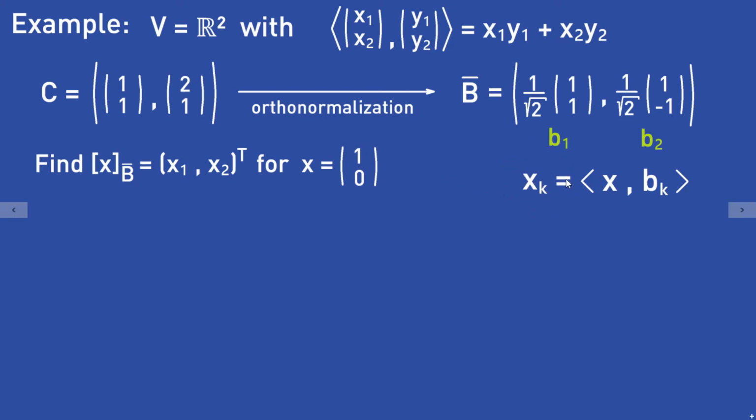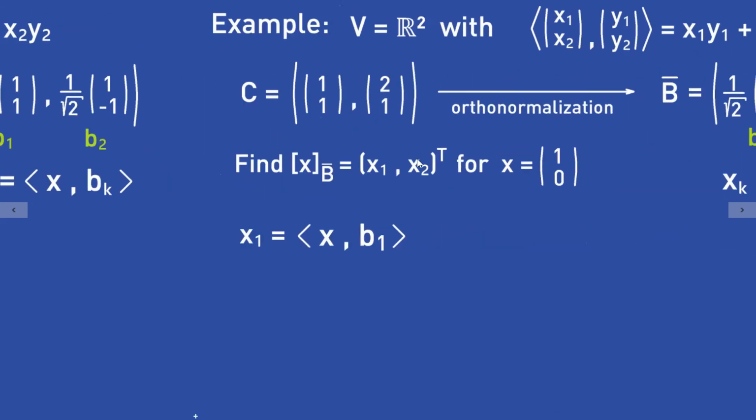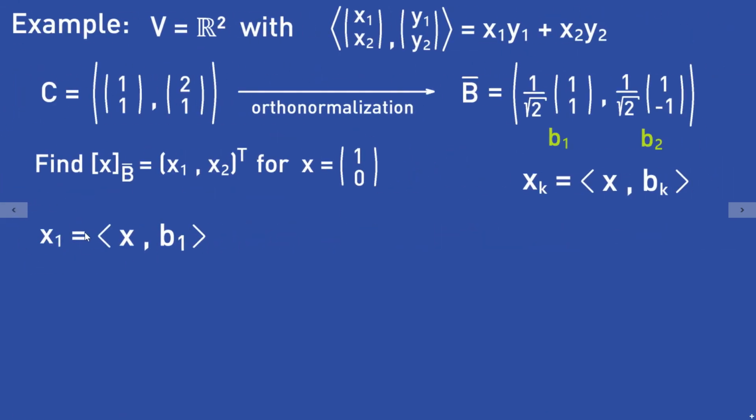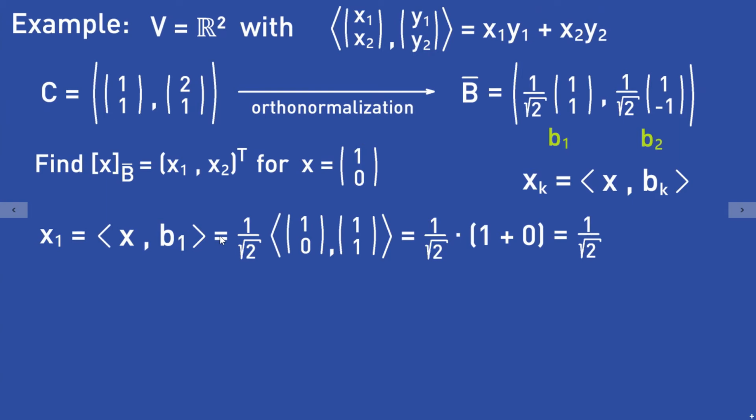So by using that formula here, we get that x1 is equal to the scalar product of x with b1. So that here is x and this here is b1. So we plug b1 and x in the scalar product here. So we get that this here is equal to 1 divided by the square root of 2 times the scalar product of the vector x, which is (1, 0), with that vector here, (1, 1).